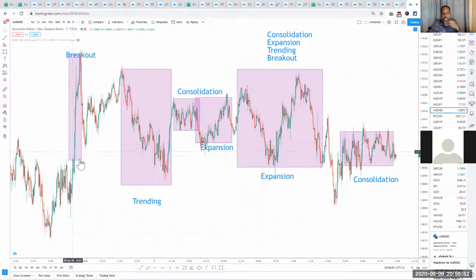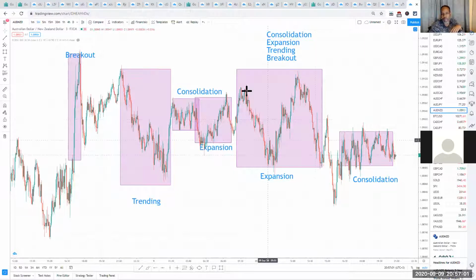It breaks out 10% of the time. Very, very little time does it break out, okay? And before a breakout, there is normally what is called an expansion, okay? So the market will expand before breaking out of that level, okay? And so on and so forth.